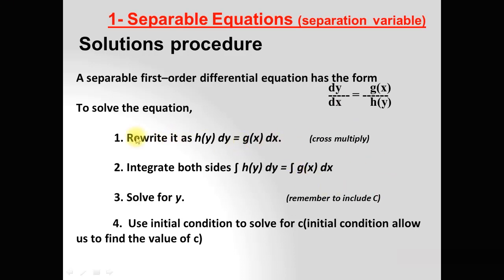So rewrite the equation as h of y dy is equal to g of x dx. So this is the separable form. Now after separation of variables, taking integration on both sides, you will get the solution of this differential equation.